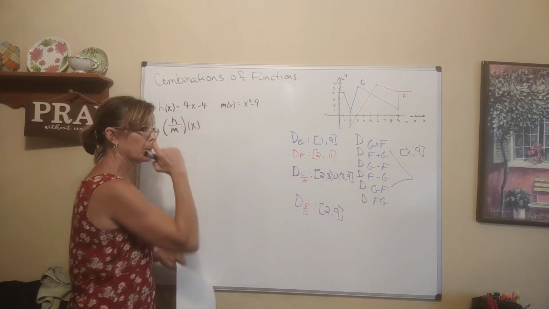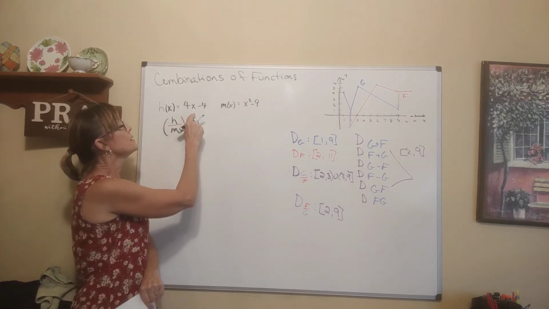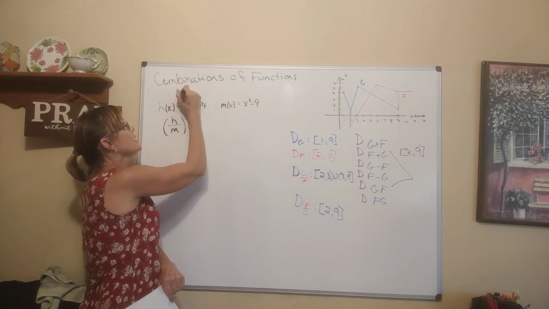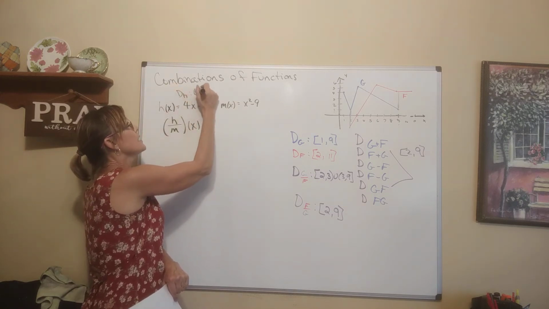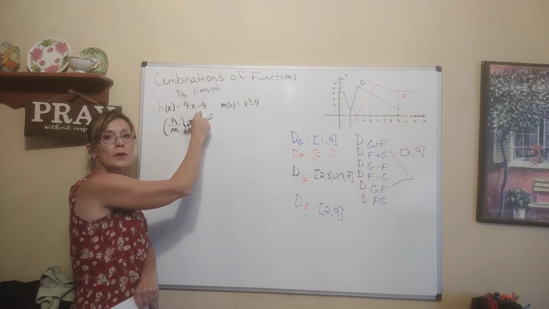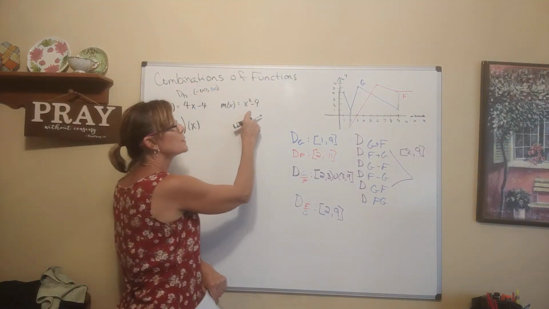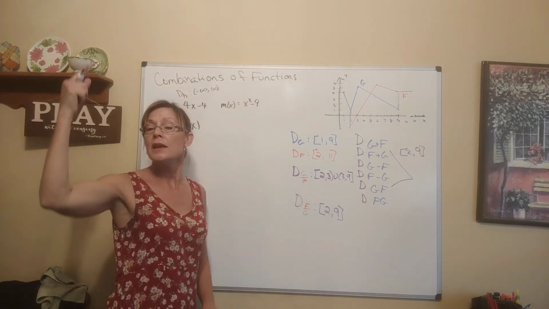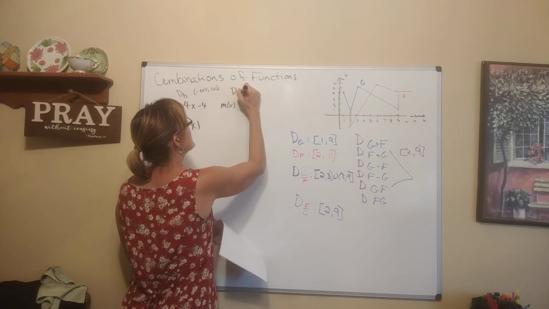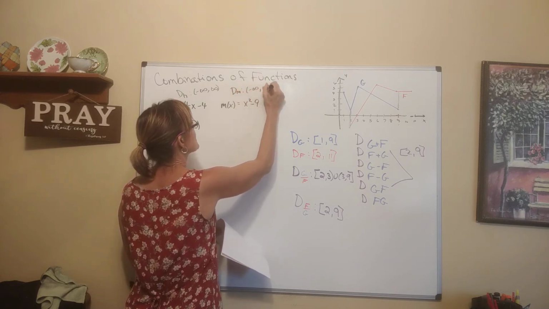Okay, so first we have to say, what is it? We can only include what's in the domain of both of these, but already, what's the domain of h? This is a line, and it can go from negative infinity to positive infinity because there's no division by 0 or square roots or anything. This is a parabola, but a parabola's domain is negative infinity to positive infinity as well. So the domain of m is also negative infinity to positive infinity.